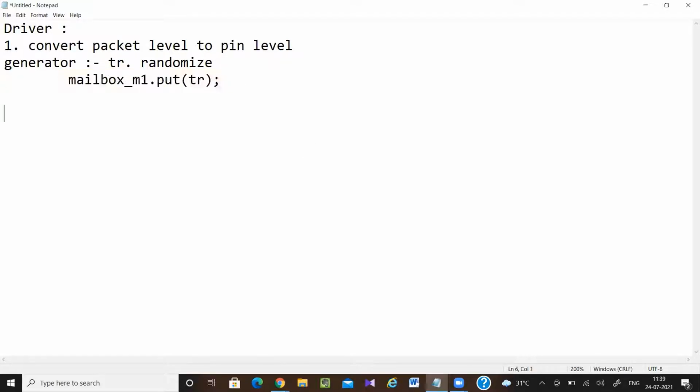So in the driver, what I will do: first I will get data from the mailbox.